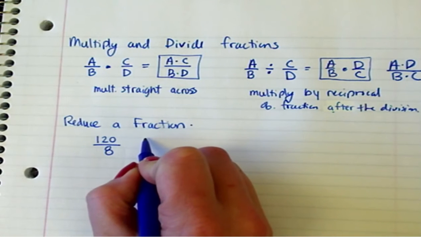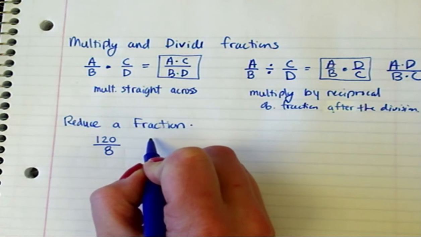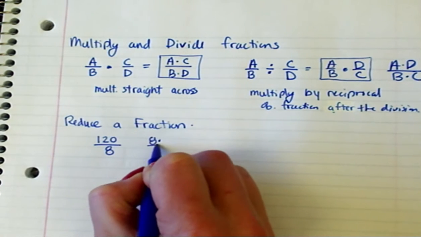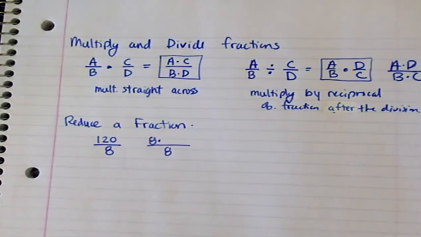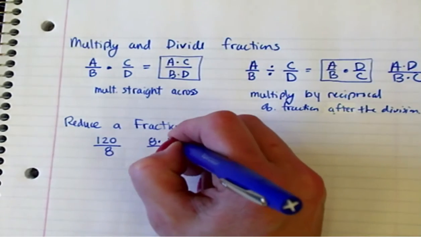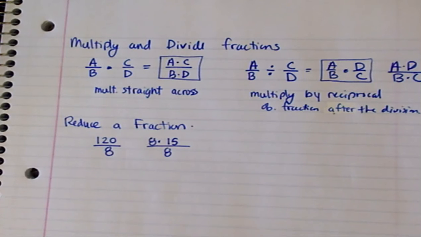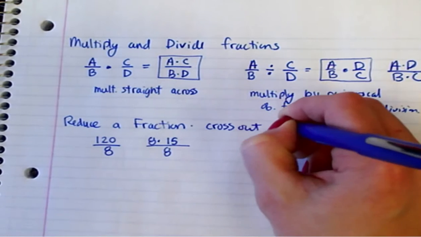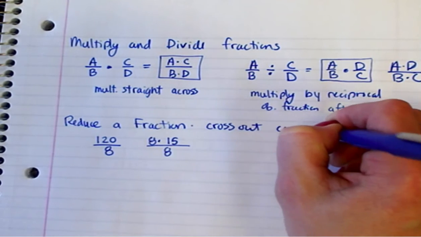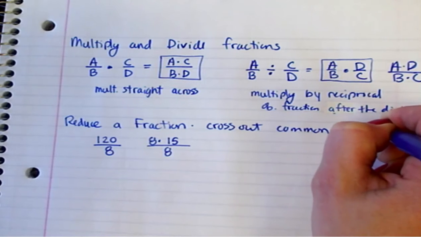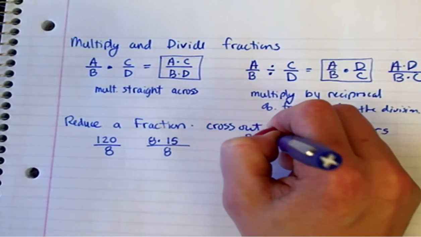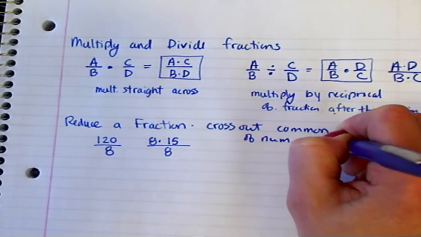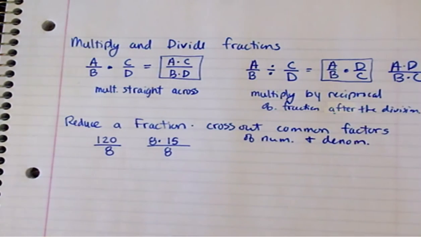All right, so 8 times what? What do you get? 15, thank you. Okay. You find the common factor, and you can cross it out. Cross out common factors of numerator and denominator.